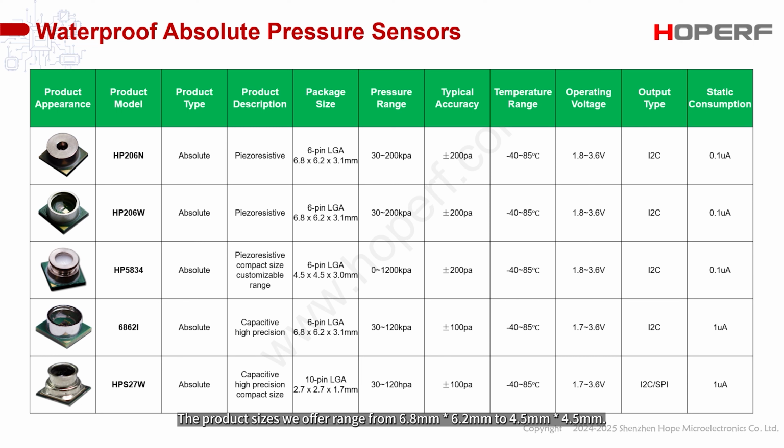The product sizes we offer range from 6.8 mm * 6.2 mm to 4.5 mm * 4.5 mm, as well as the smallest size of 2.7 mm * 2.7 mm. Convenient for users to choose according to their needs. All products support the digital I2C communication interface. The operating voltage is 3.3 V for all products.